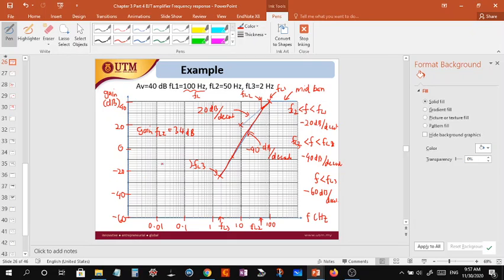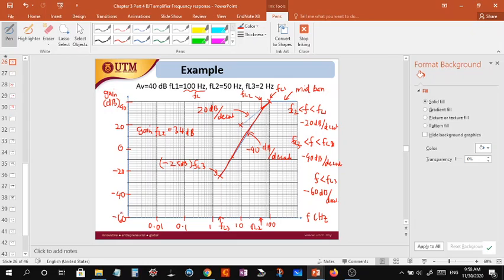Okay, let's say minus 25 dB. Then FL3 is 2 Hz. So one decade below is 0.2 Hz. So at 0.2 Hz, the gain will be minus 25 minus 60. So this will be minus 85 dB.